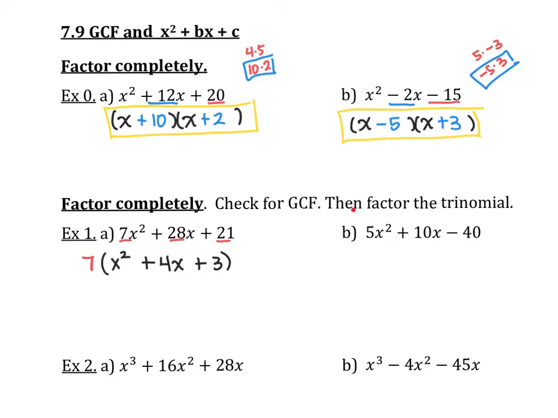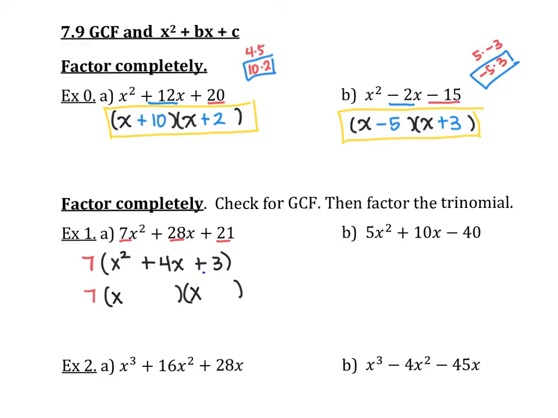However, now I want to factor the trinomial if possible, which means this might factor more, just like we did before. So I'm going to keep the 7 in the front. And because this is quadratic, x squared, I'm hoping to factor into two binomials. Again, because this is x squared, I will put x times x here.